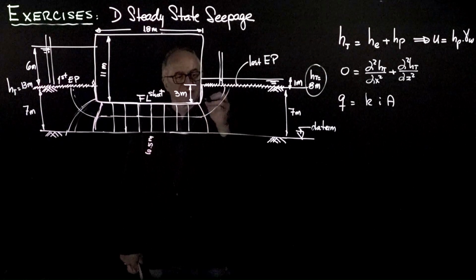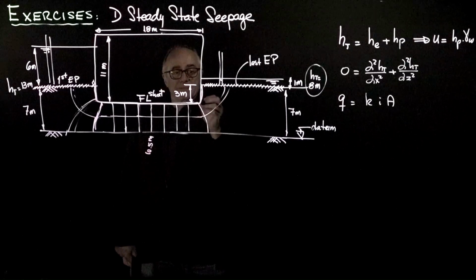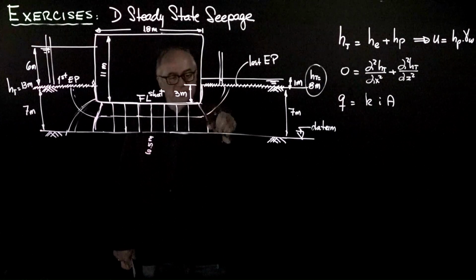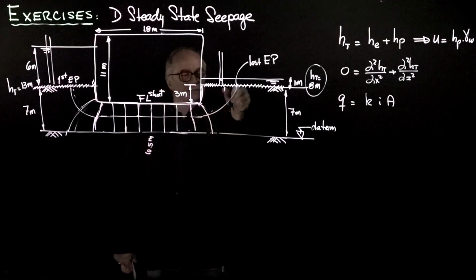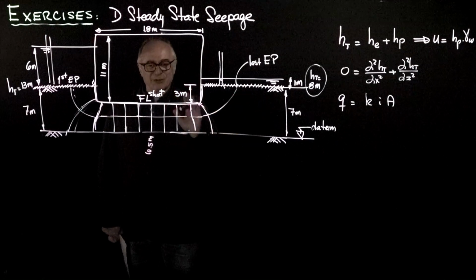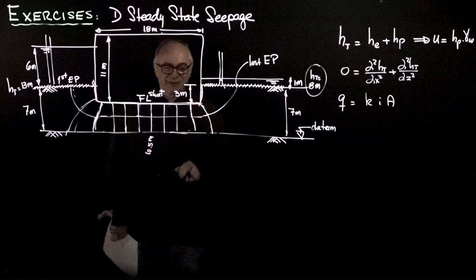This has to be symmetric, so you only need to solve half, but here I am trying to sketch this. Please, even though this is documented in this video, let me insist this is not a final flow net.